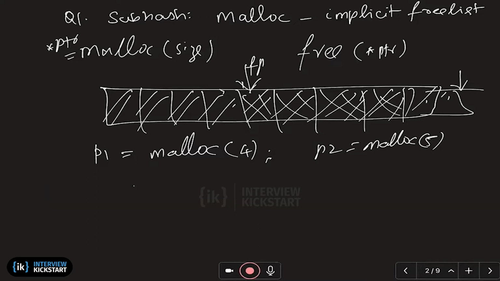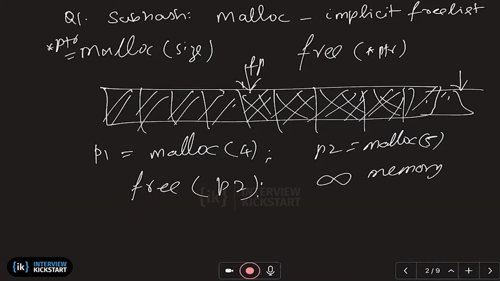When you call free with a pointer, let's say P2, you have lost the ability to free this because your pointer has moved forward. So this works when you have almost infinite memory. It is not bothered about freeing, it's just doing a malloc.